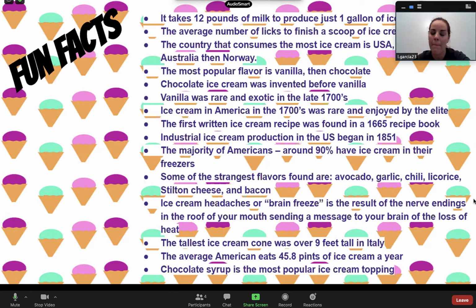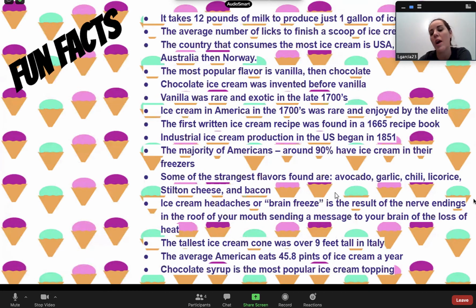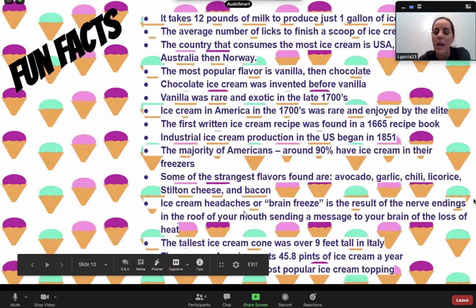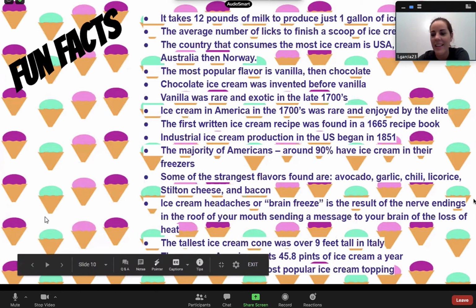And so you're having conversation with them as you go through each of these slides, like some discussion about it? Yes. Like there's one here where it says the strangest flavors found. So we're like, okay, well, which one would you try? It's just making connections with them, because it's really hard when you're doing it online and you've never met them. I've never seen these kids in person.